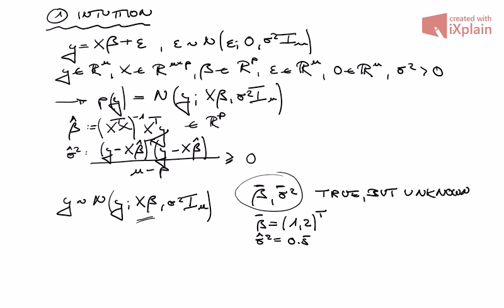So usually I don't use this extra notation here. So oops, this was supposed to be a bar, not a head. So I'm just telling you now that when here I mean a true but unknown beta parameter value, and here I mean a true but unknown sigma square value.